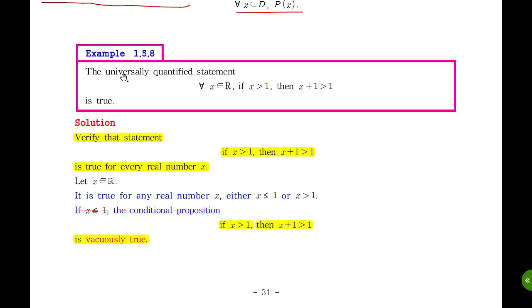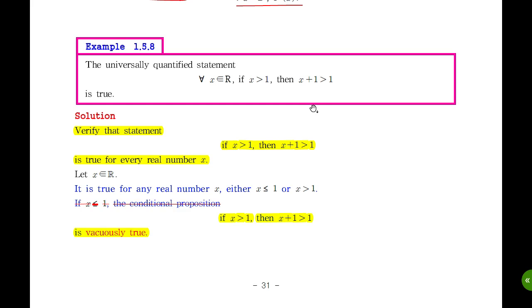Next example, discuss the universally quantified statement: for all x in R, if x is bigger than 1, then x plus 1 is strictly bigger than 1. This is true, and we have to show it.